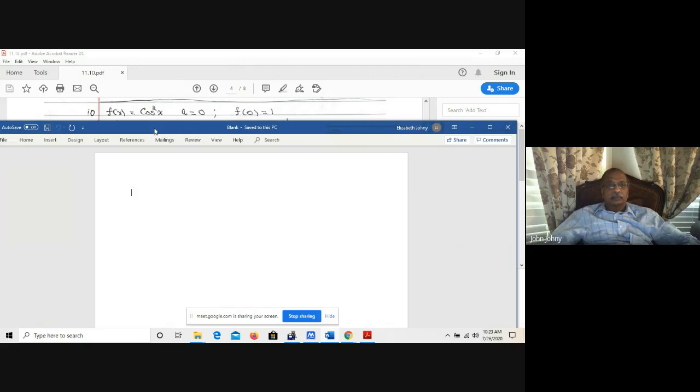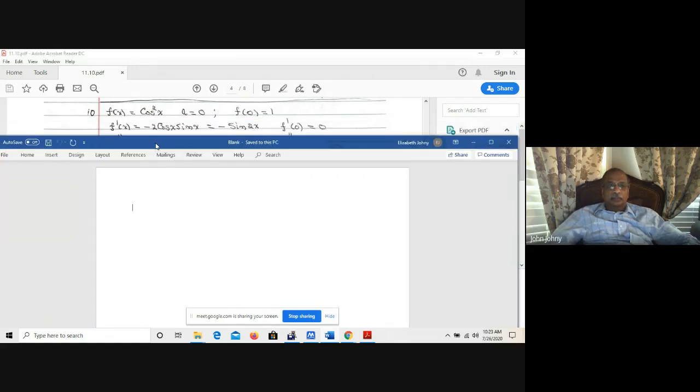That is 1. Now f prime 0 is from negative 2 cos x sin x, because the derivative of cos squared x is 2 cos x times the derivative of cos x, that is negative sin x. Trig identity, 2 sin x cos x is sin 2x, so that is negative sin 2x.